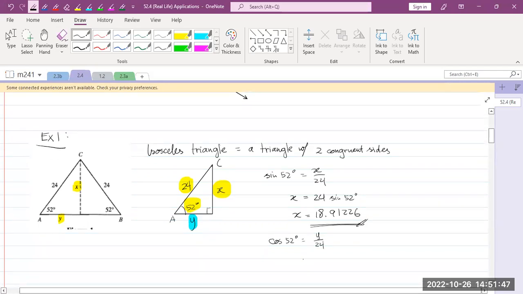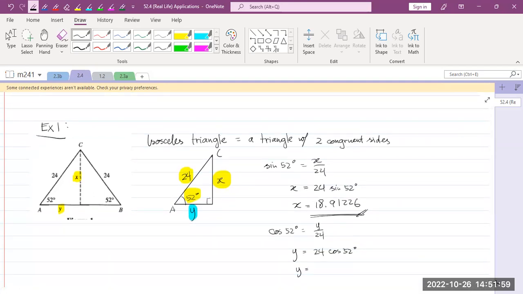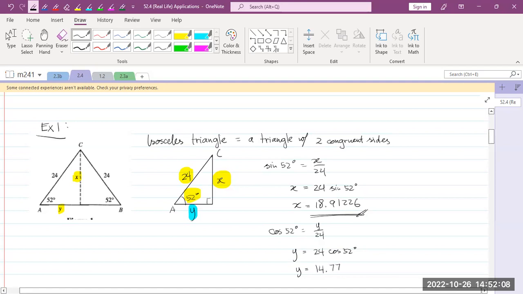So y is equal to 24 times cosine 52 degrees, right? And then I use my calculator. 24 cosine 52 degrees is 14.7758755588. If I round it to 5 decimal places. Okay, now that's for example 1.